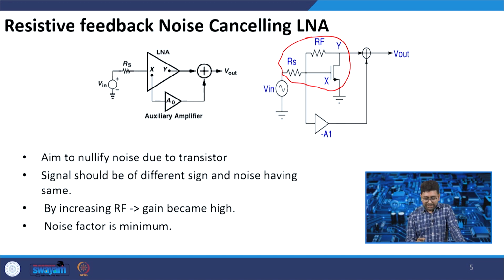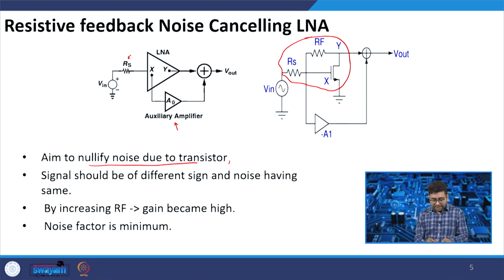So, what is happening is that at Y, both the noises are the same. However, the signal X, whatever signal is coming, is going to be inverted. So, if we make another auxiliary amplifier, it will nullify the noise generated due to the transistors as well as this RS resistor.